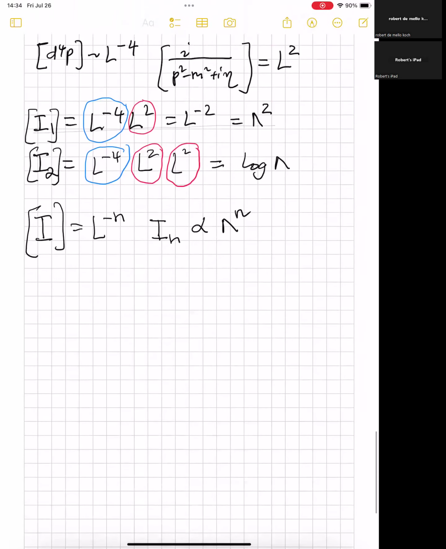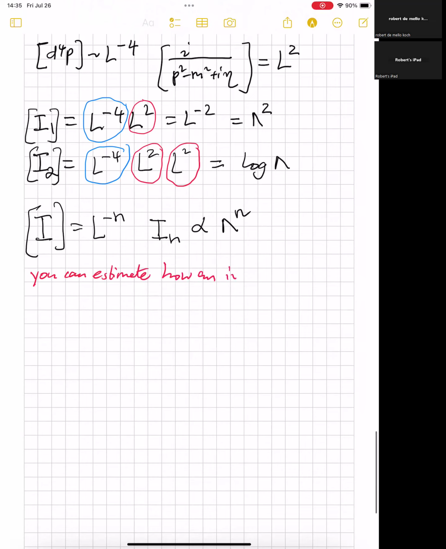You can estimate how an integral diverges just by dimensional analysis, which is great.